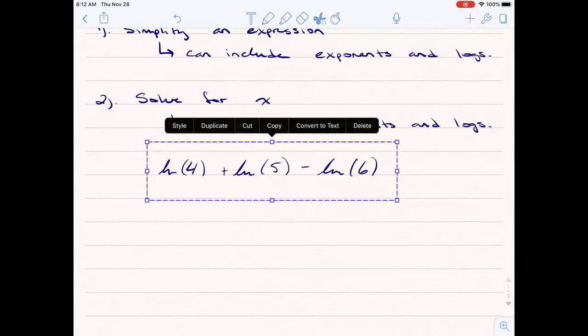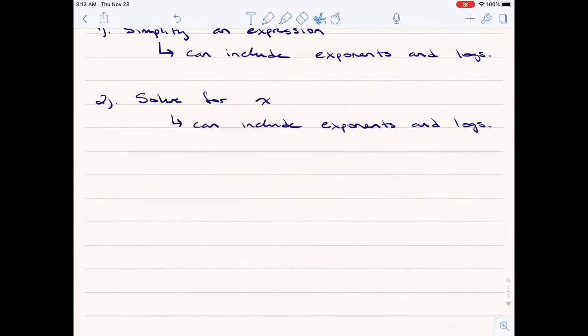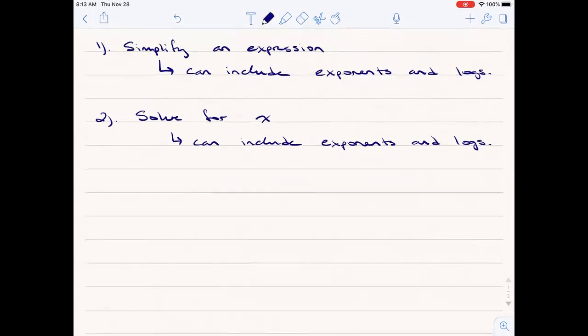Something like that. So simplify, solve for this, solve for that.